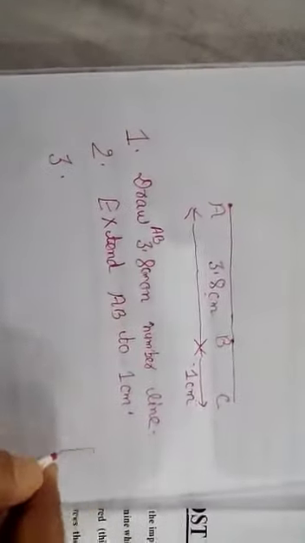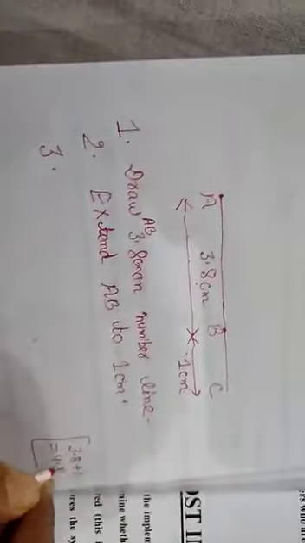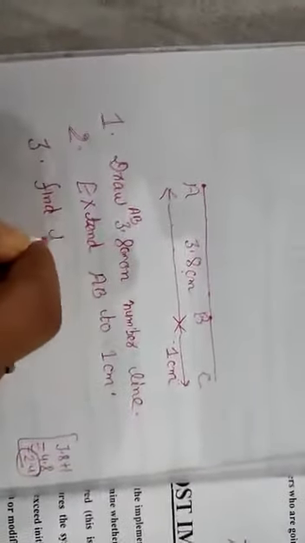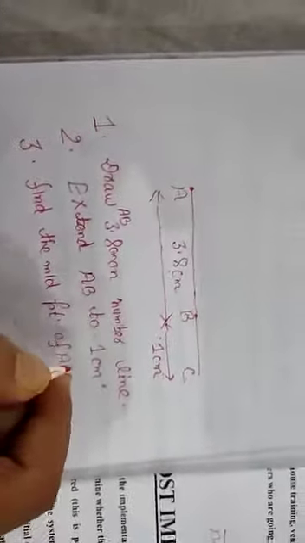Now it is AC. Now we have to find the midpoint of this line segment AC. What is the length of the line segment AC? If you find the midpoint, it will be 2.4. So find the midpoint of AC. And how will you find it?